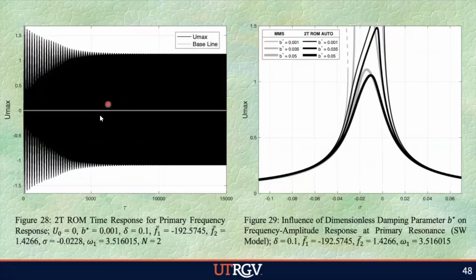Here you can see another time response that was used for the frequency response. On the right is the effect of dimensionless damping on the SOLIDWORKS primary frequency response. In this case, increasing the damping parameter causes the response to reach smaller peak amplitudes, as shown here.